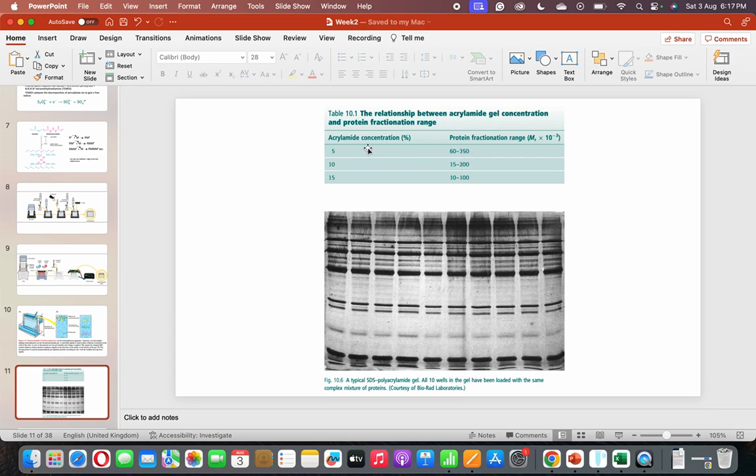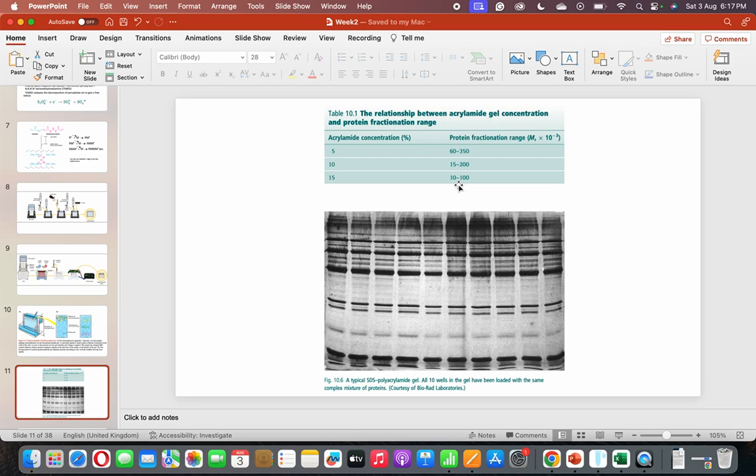As we increase the acrylamide concentration, the pore size is going to reduce. If we have a 15% gel, then we can easily separate much smaller molecules. So 10 to 100 kilodalton molecules will be separated well in a higher percentage gel. Then you have to choose the acrylamide concentration based on your application.